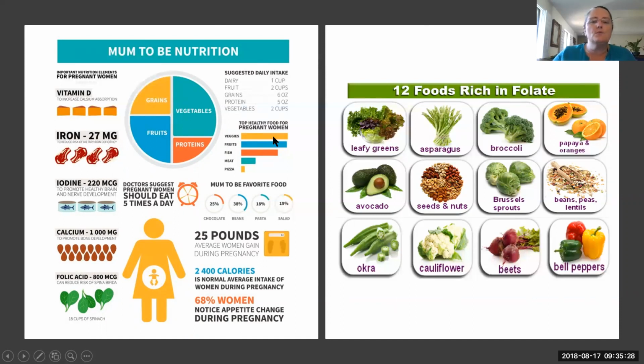The other thing is this fantastic infographic about the kinds of things we want women to know with pregnancy. We want to make sure that she's getting enough calcium, that she's eating 5 times a day, that she is eating a plate full of mostly vegetables and protein with a small amount of grains and lots of fruits.